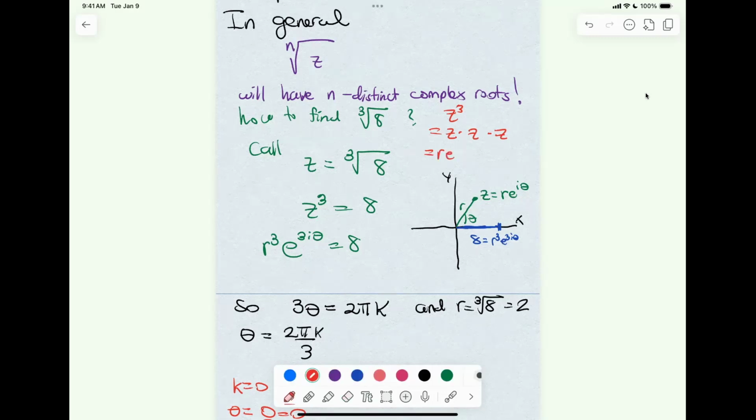The law of exponents still works even in this case, so you can add exponents just like in the regular case, but that's where it comes from.